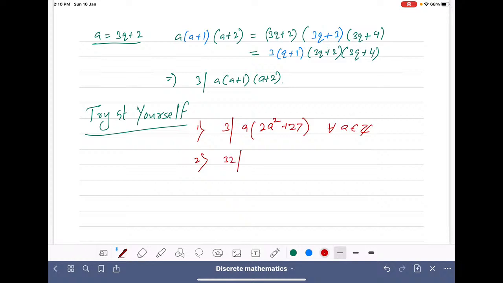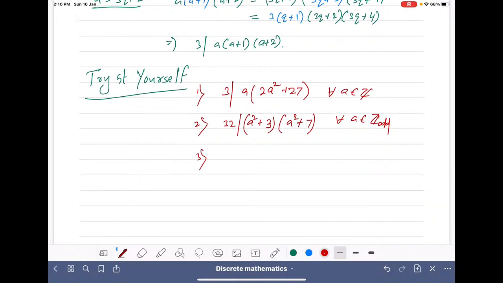Then 32 divides a square plus 3 and a square plus 7 for all odd integers. Then try to prove 16 divides a power 4 plus b power 4 minus 2 for all odd integers again.